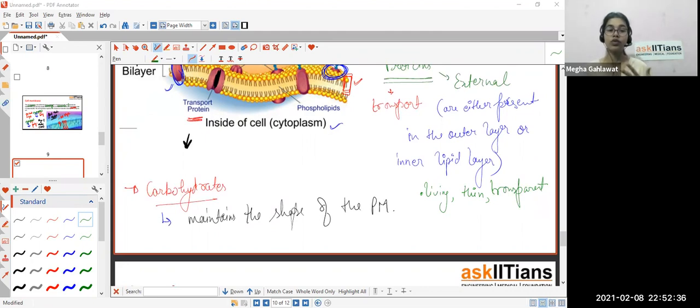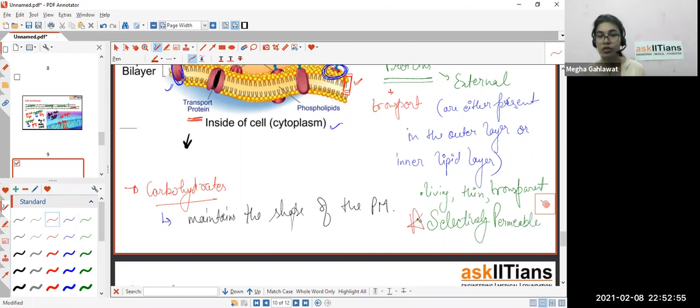And it helps in the movement of molecules in and out. Why? Because it is selectively permeable. Selectively permeable. This is the star phrase that you should remember. It selects whatever could go in and out through itself. Then it gives the permission.